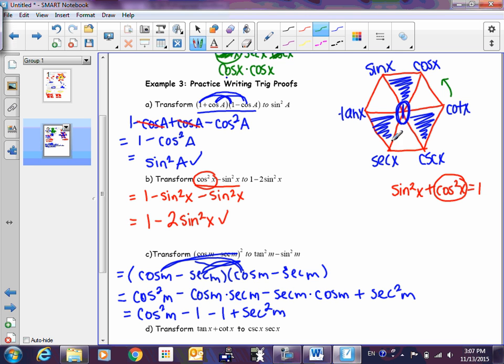So using this identity down here, let's write that down. The more times you write this down, the more comfortable you're going to be with it. So tan squared plus 1 equals secant squared. Likewise, 1 plus cotangent squared x equals cosecant squared x.